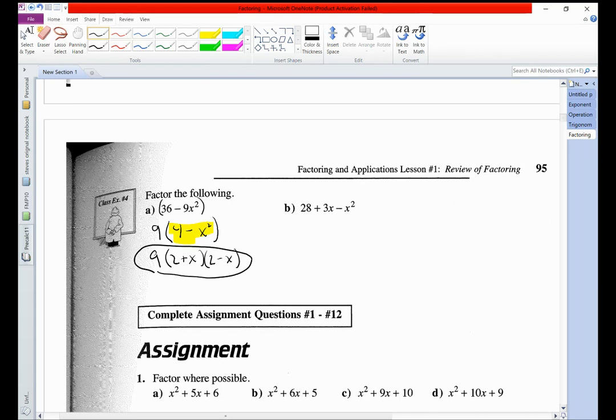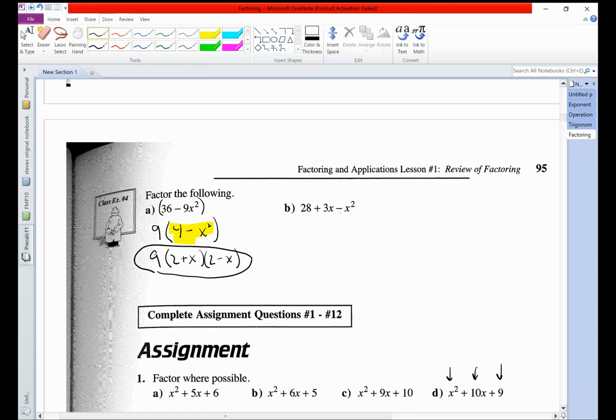28 plus 3x minus x squared. So you can see that it is a trinomial. We have 3 terms, but normally it's given to us in descending order, where, like in your homework, you can see that x squared goes first, then x, and then x to the power of 0, or just nothing. So we can rearrange this if we want, but you have to be careful when you rearrange because the sign in front of the term has to stay with it.